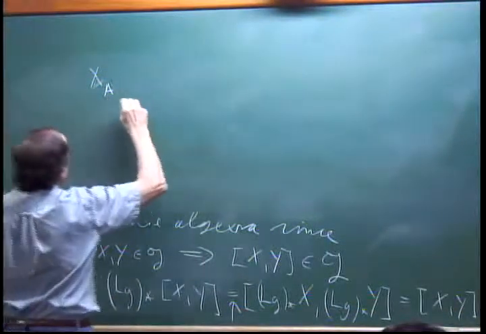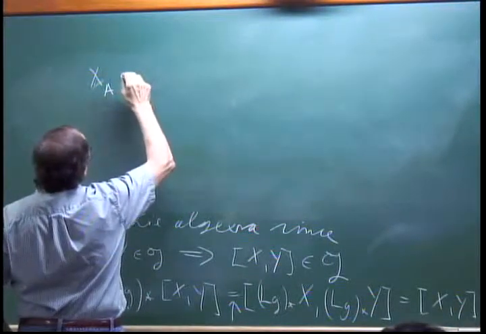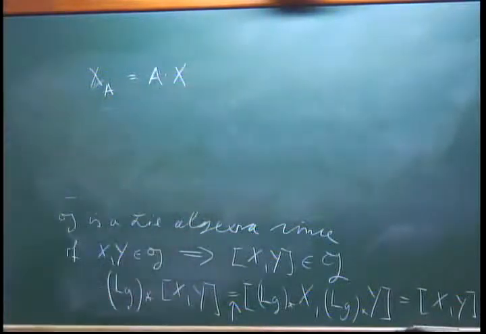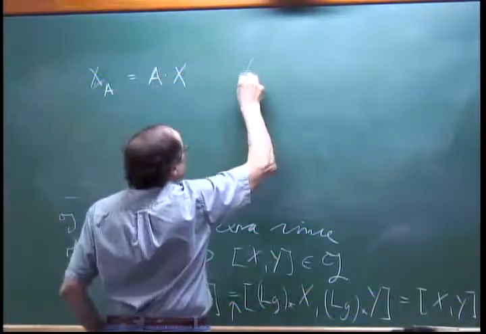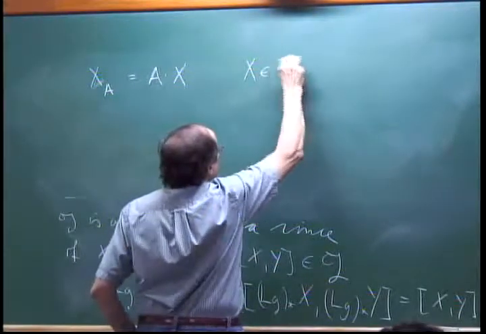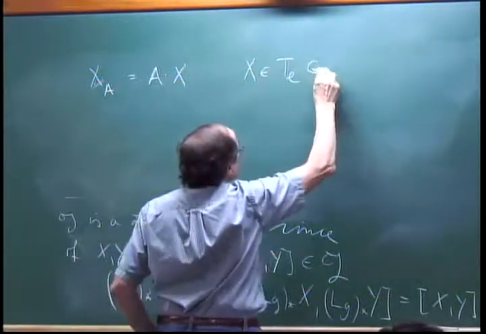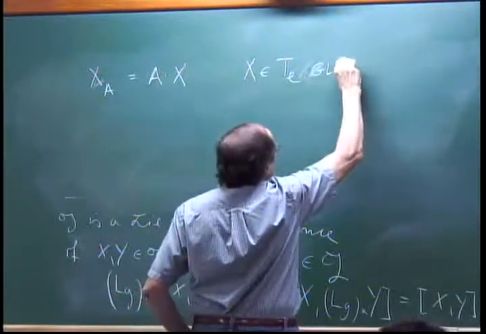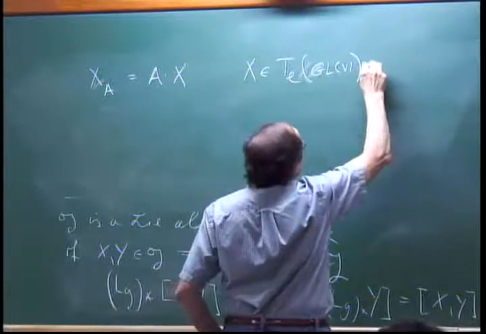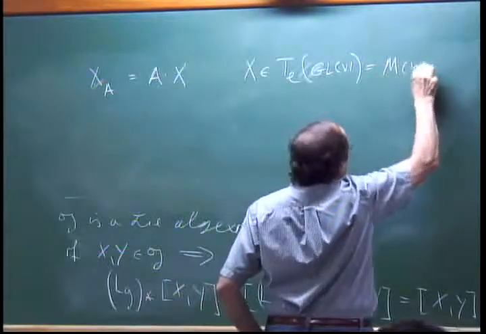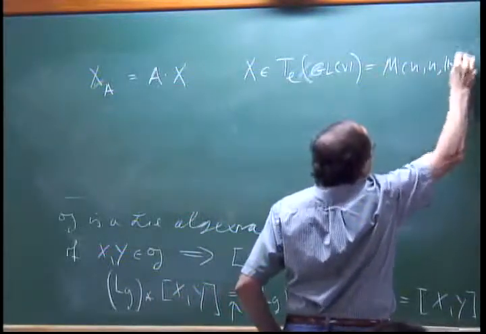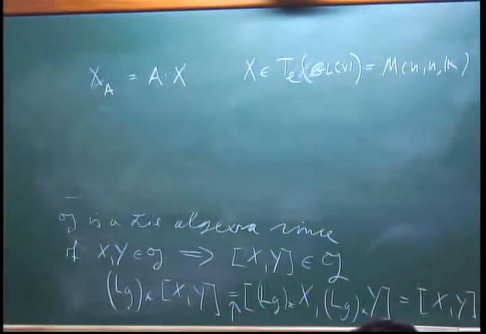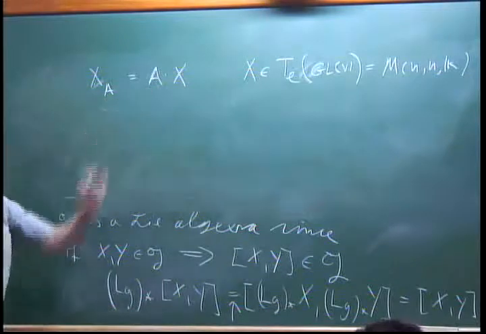So x at a is equal to a times x. x here I should regard as an element of the tangent space at the identity of GLV, or the n by n matrices. And this, of course, was the set of all n by n matrices. So x is the value of the left invariant vector field at the identity, right? And the value at a is a times x. Okay.